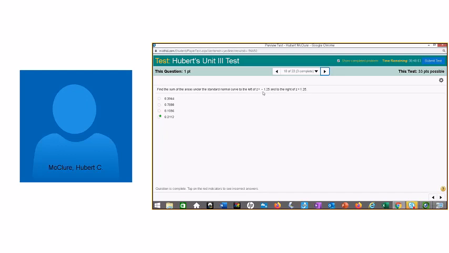Or you could take 1.25 on the lower bound and go to 9999, multiply that by 2 because it's symmetrical. Or you could do from negative 1.25 to 1.25 and subtract that from 100 or 1, and that would give you the same answer. There's several ways to do this problem, and I'm going to let you decide how to do it.